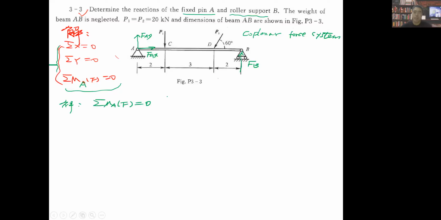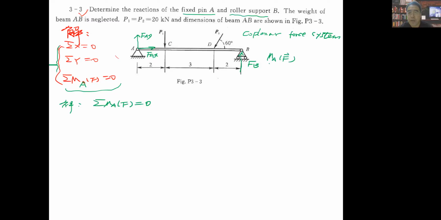So let's see. Before we do this equation, maybe I should review the moment of a force to a point with you guys. Do you guys still remember when we talked about MA(F)?